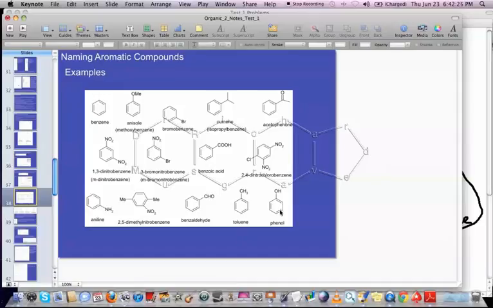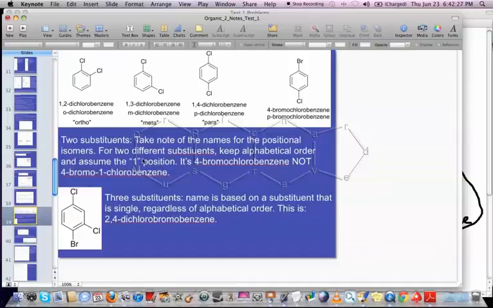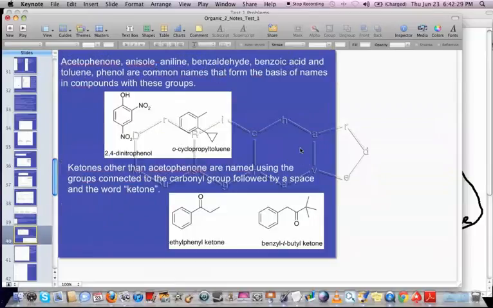So let's say we have a phenol, and an example would be this compound here, where you've got the OH here, and this could be called 2,4-dinitrophenol. So the phenol actually becomes the base chain, and this is 2,4-dinitro. This here, methylbenzene, is called toluene, so this would be called o-cyclopropyl toluene. So the base chain becomes toluene.